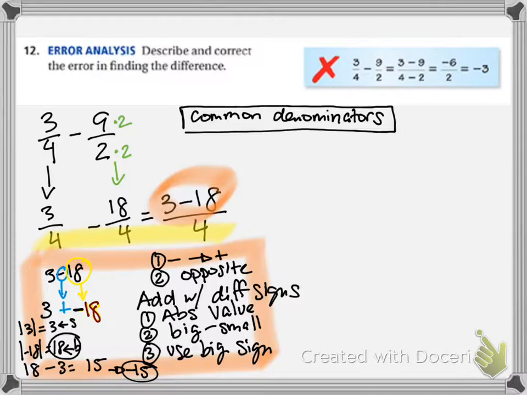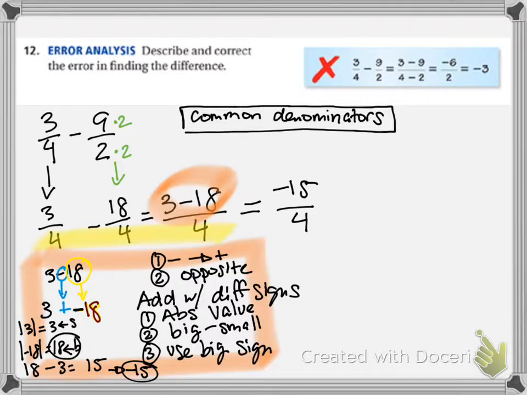And all of that is in the orange box, which means that this fraction up here is going to be negative 15 over 4, negative 15 fourths. And then what I'm going to do is change this into an improper fraction or a mixed number.